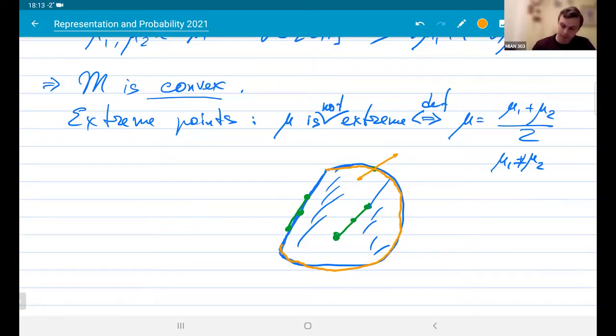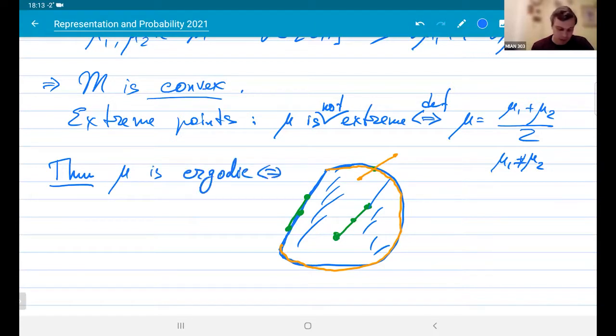And the theorem says that mu is ergodic if and only if mu is an extreme point of M.